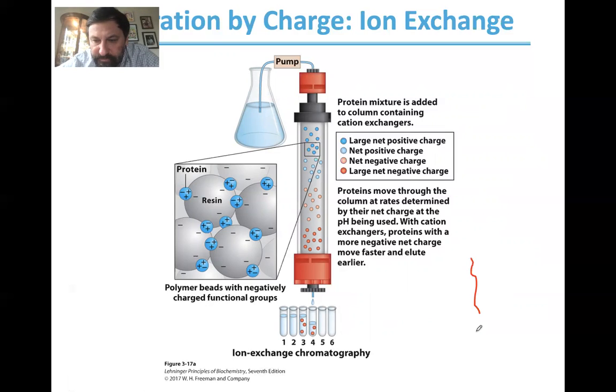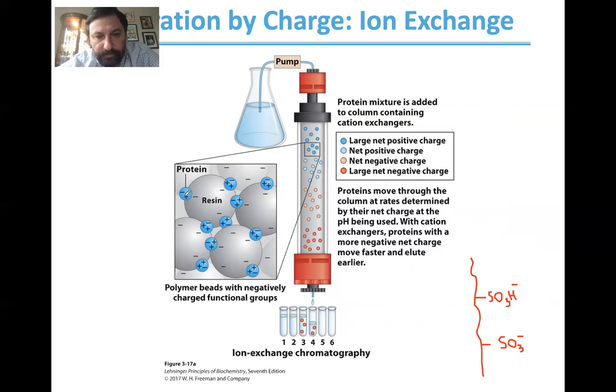So let's say this is the polymer, and here you will have negatively charged residues, right? And so you can see these beads, the negatively charged beads.